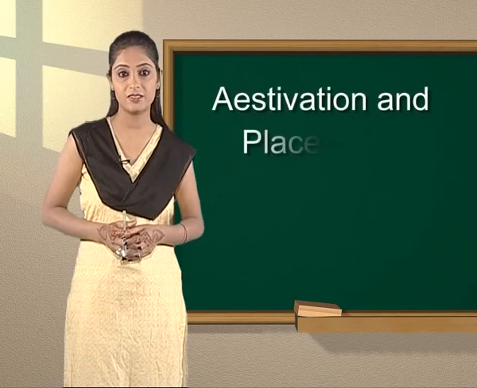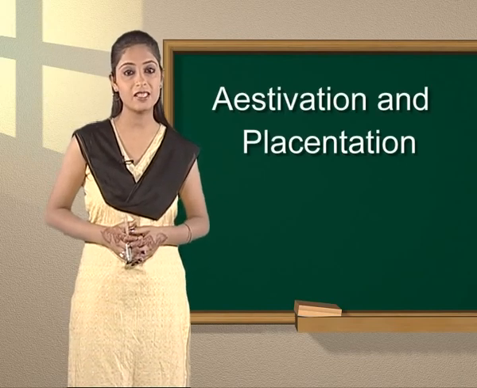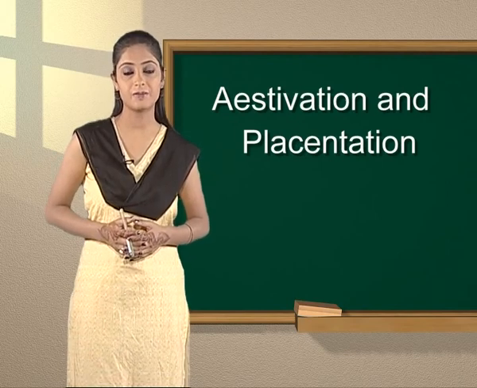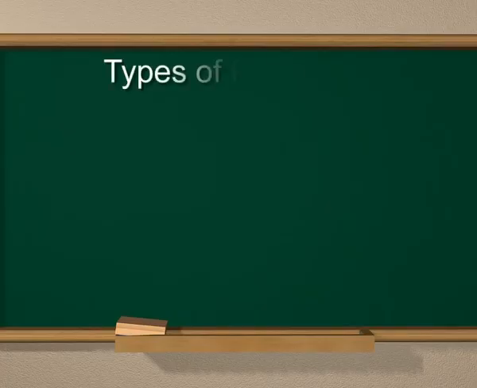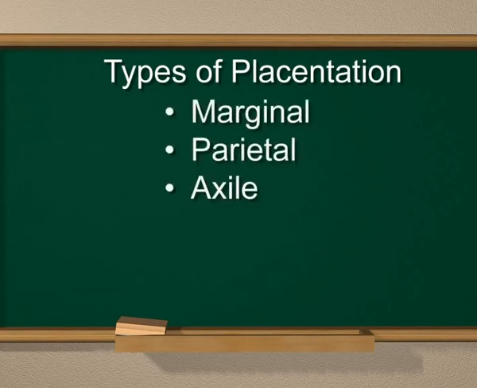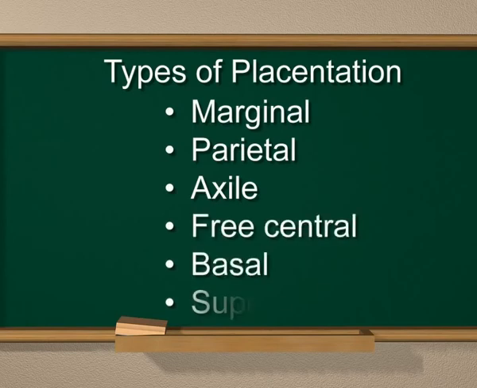Next question. List the types of placentation found in Angiosperms. Answer: types of placentation are marginal, parietal, axile, free central, basal and superficial.